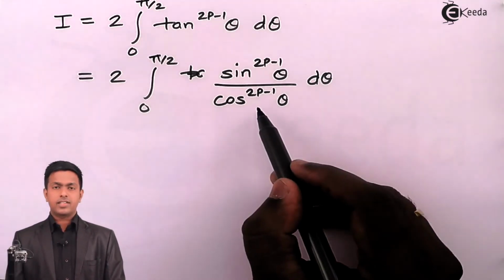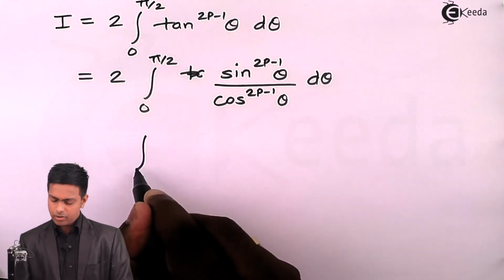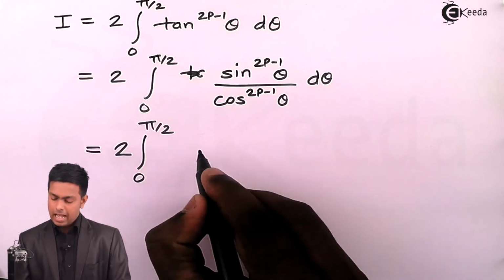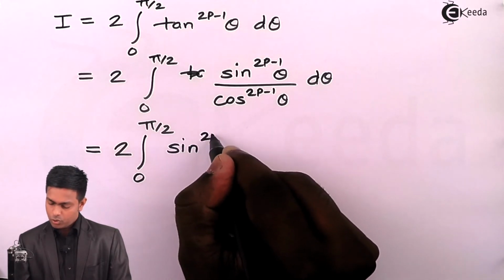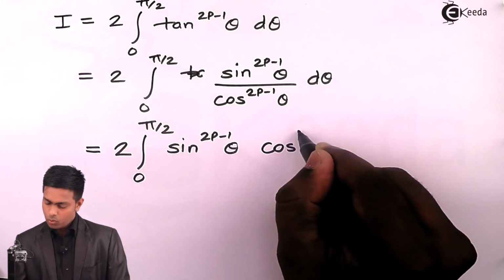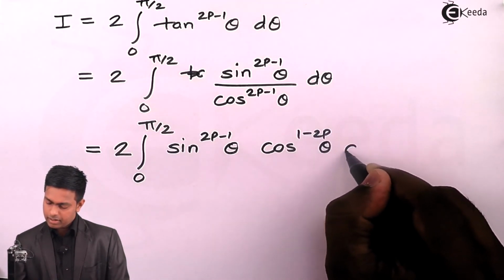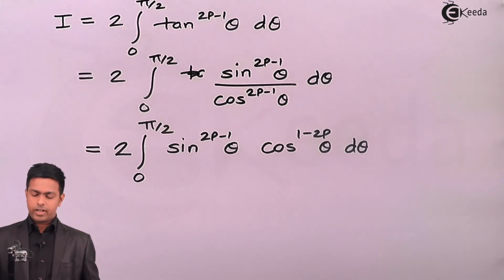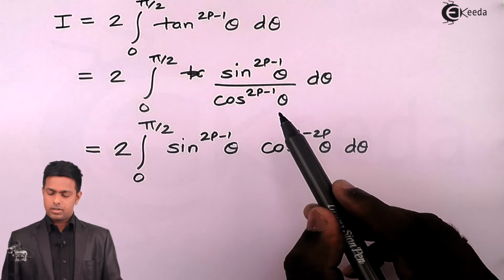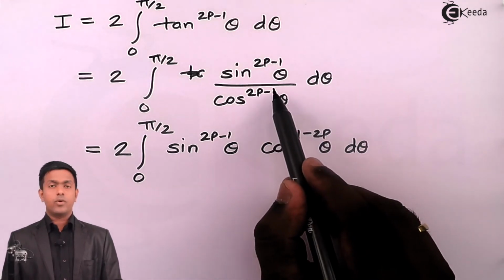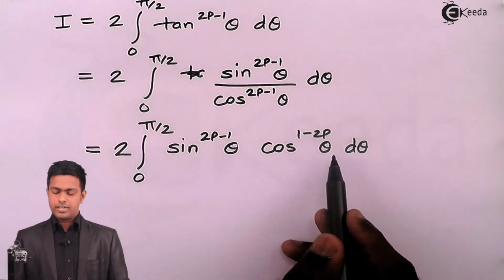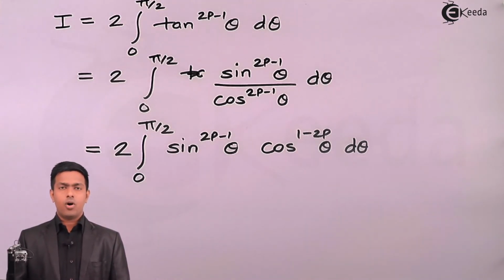Now we can take this cos in the numerator, so that will become the integration from 0 to pi upon 2 of sine to the power 2p minus 1 theta into cos to the power 1 minus 2p theta d theta. When we take the power to the numerator, the sign changes: the negative 1 becomes positive 1 and the positive 2p becomes negative 2p. And now it is in the form of the definition of the beta function.